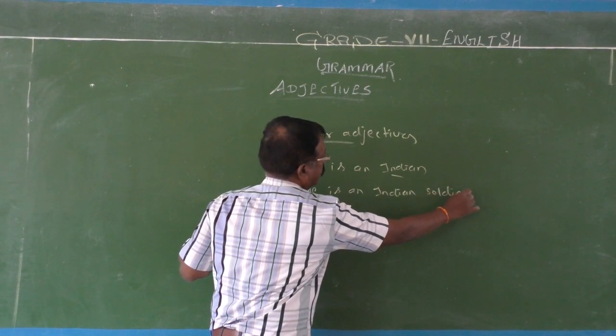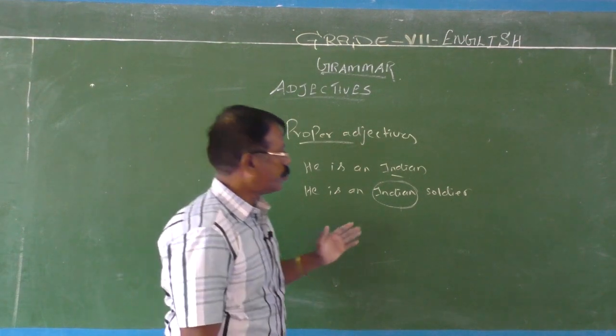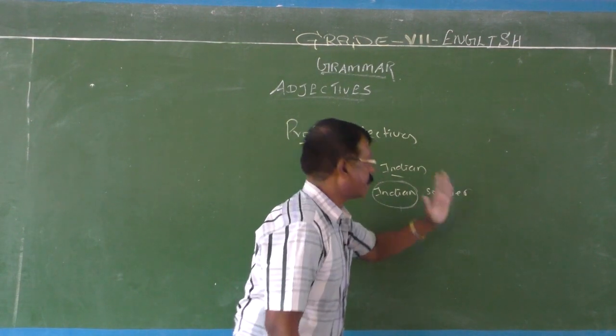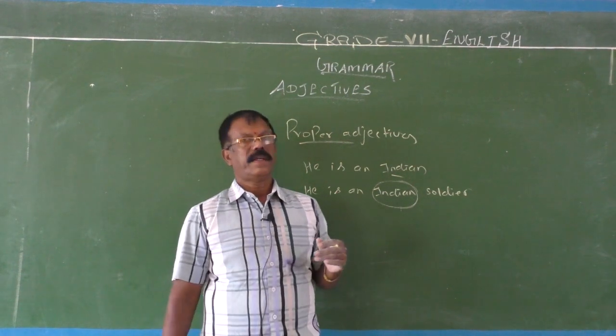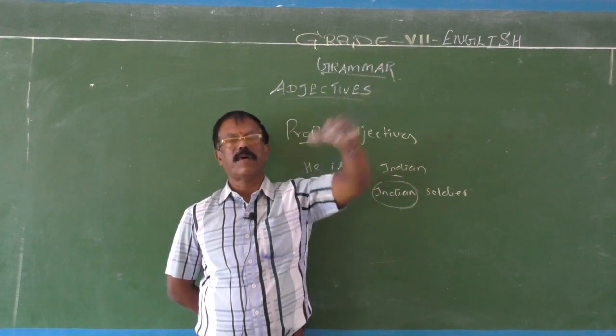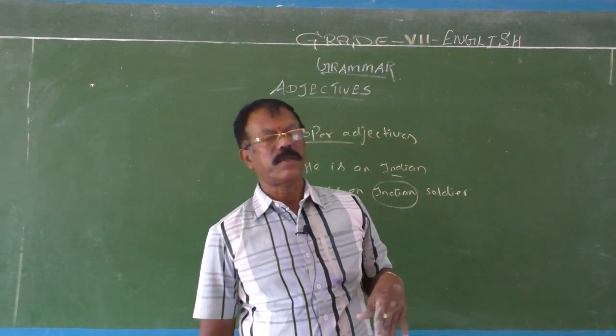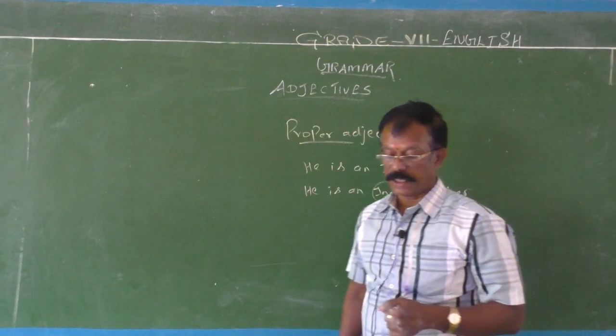In the second sentence, the proper noun Indian is used to refer to that soldier. He belongs to which country? So in this way, when proper nouns are used to refer to some nouns, or used as an adjective, then they are called proper adjectives.